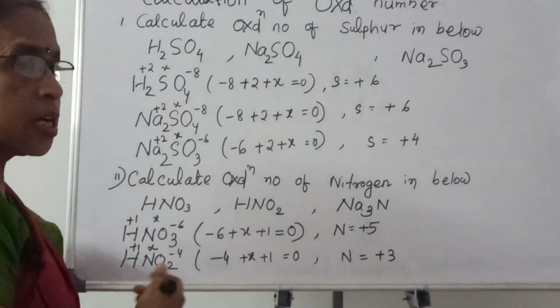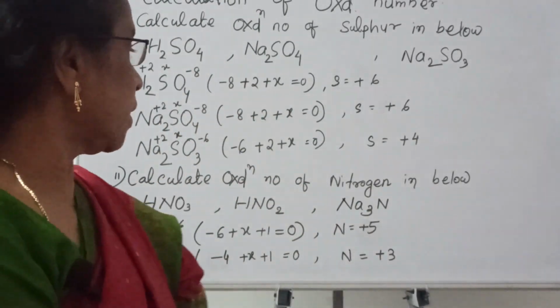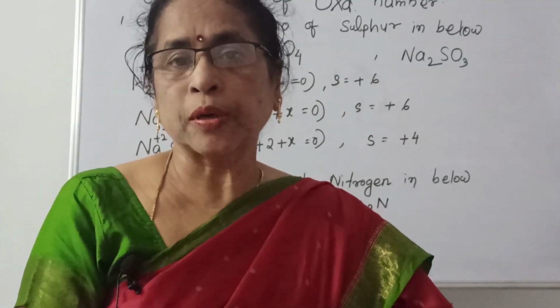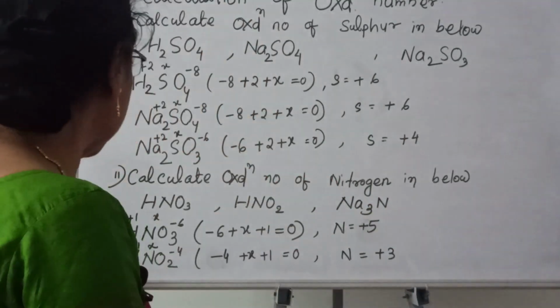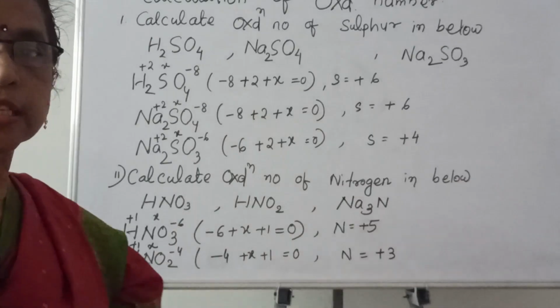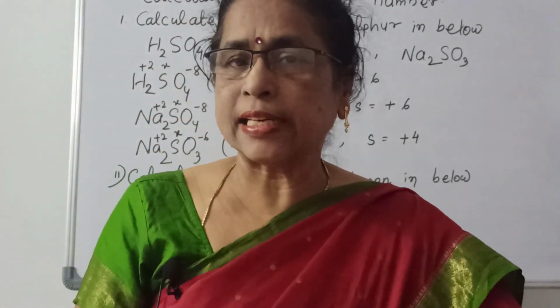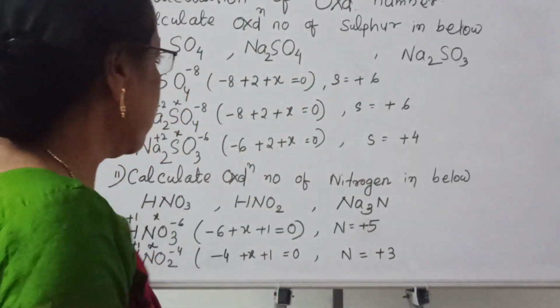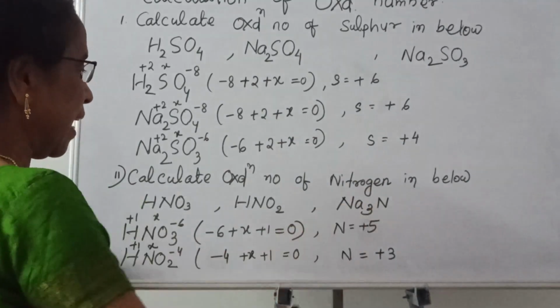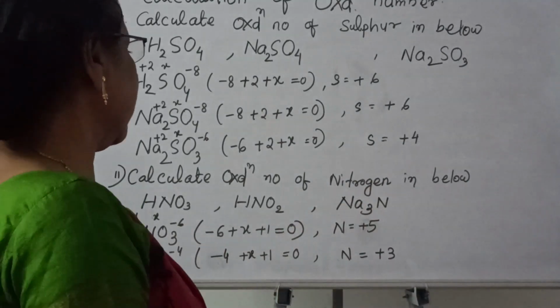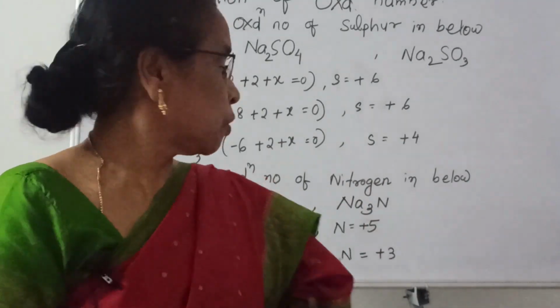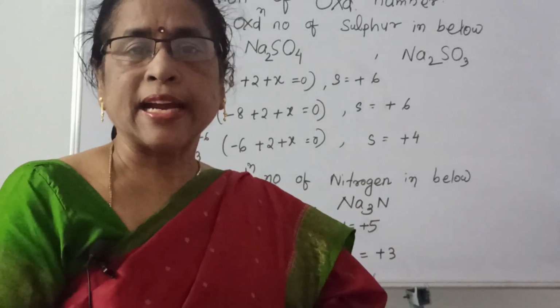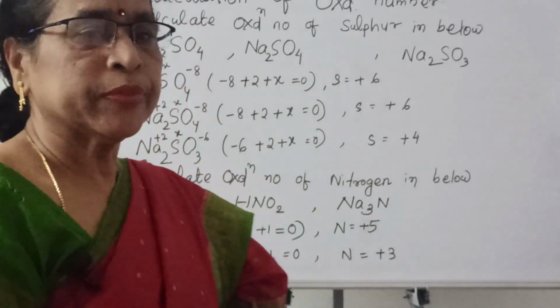Next question. Calculate the oxidation number of nitrogen in the below given compounds. First one, HNO3. What is HNO3? Nitric acid. HNO2, nitrous acid. Na3N, sodium nitride.